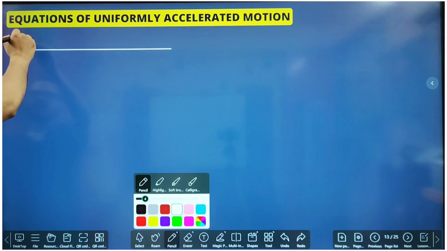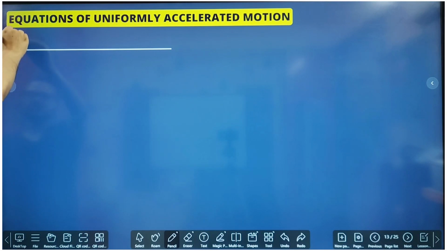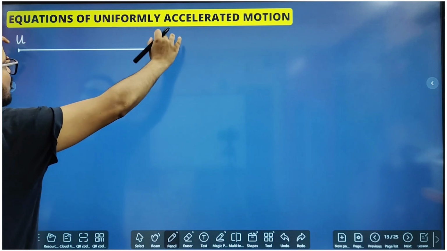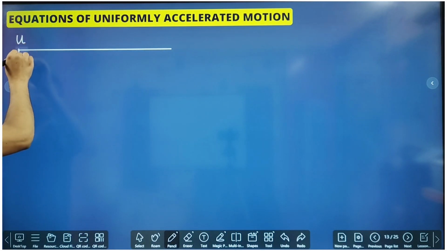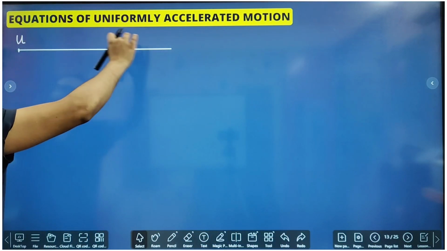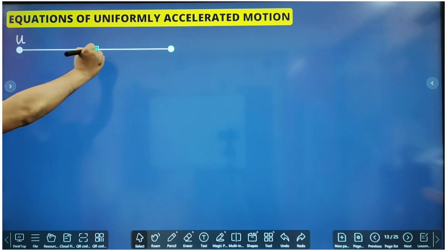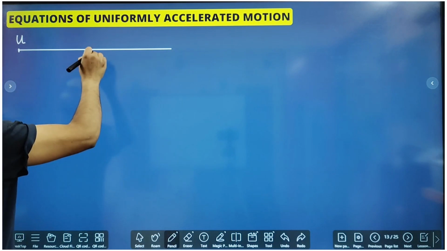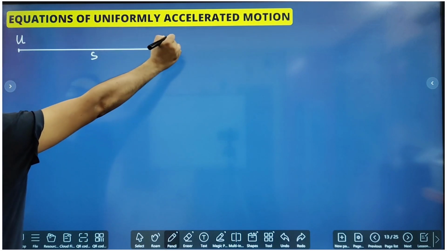Suppose at this point we know that the velocity of the body is u, and after covering a displacement s, this whole is displacement s.